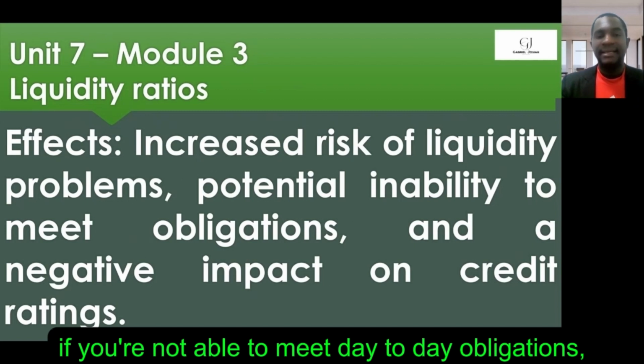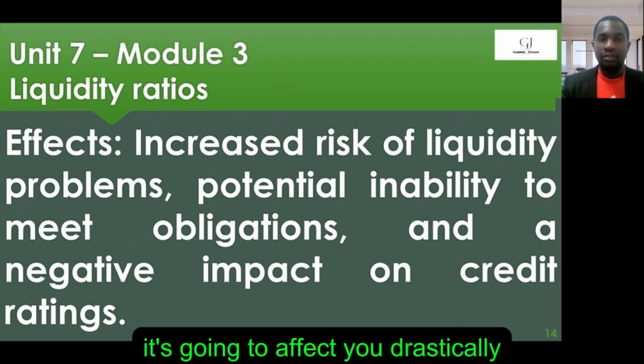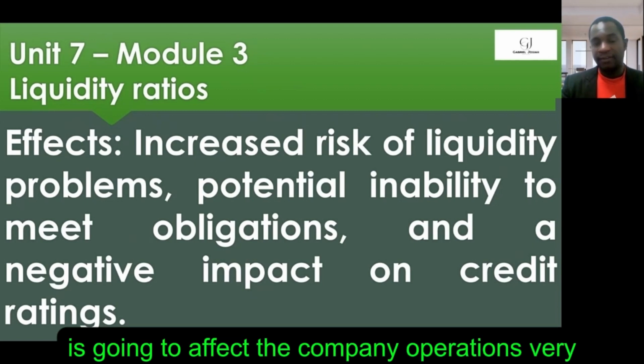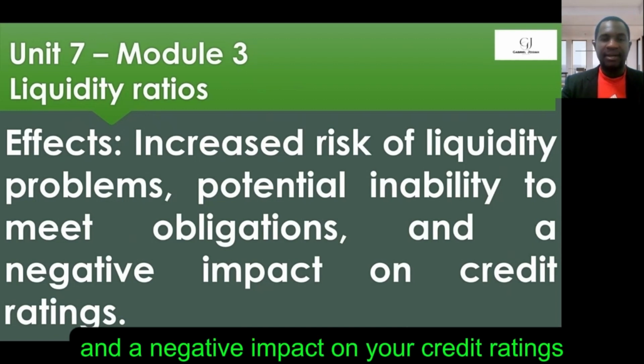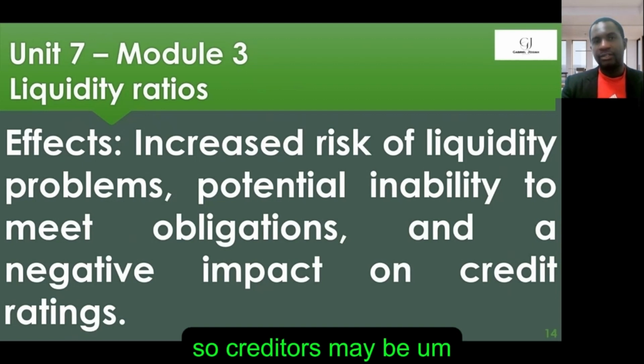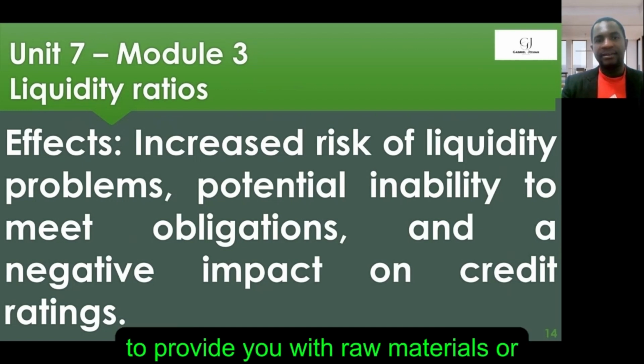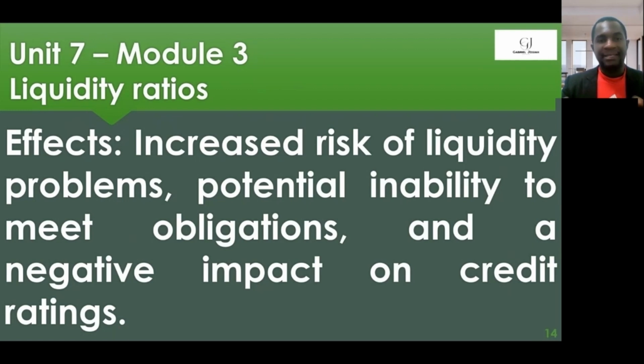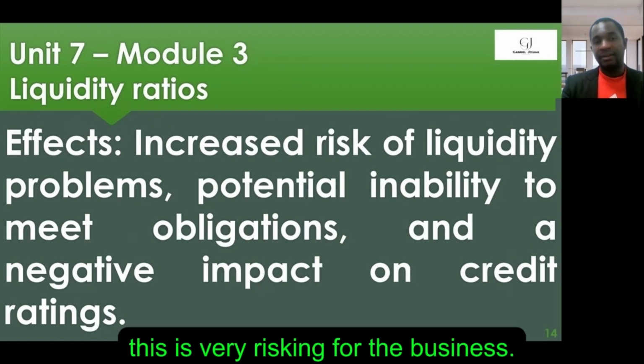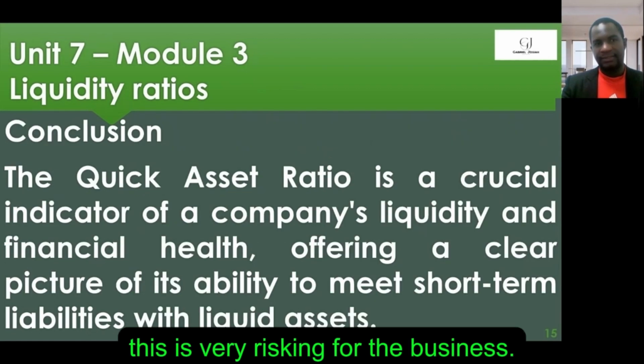If you're not able to meet day-to-day obligations, it's going to affect the company operations very, very negatively, and a negative impact on your credit ratings. So creditors may be skeptical to grant credit, to provide you with raw materials or items for production. This is very risky for the business.